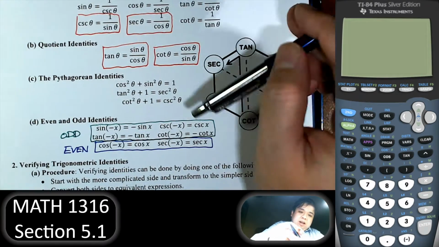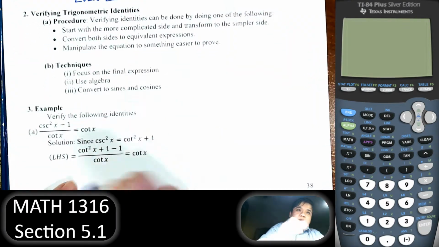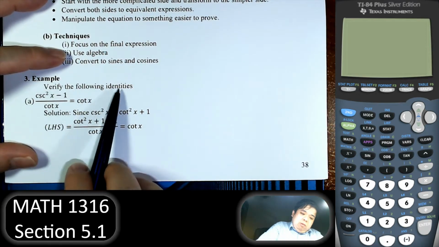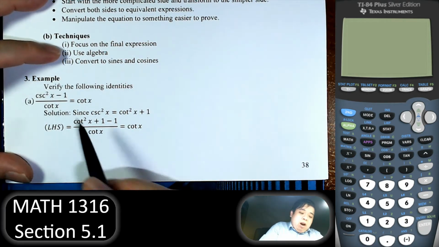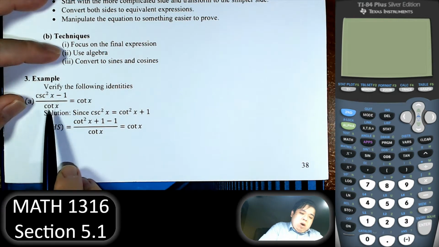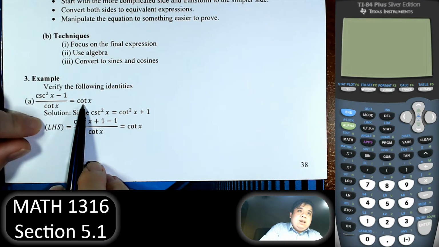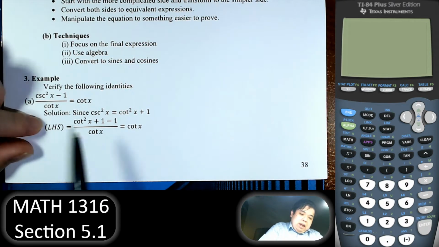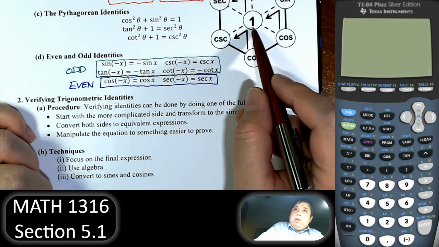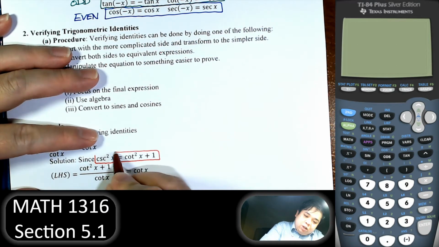Of course, we assume that we know all of these identities, because we're going to use them to prove some new identities. For example, let's verify the following: cosecant squared x minus 1 over cotangent x equals cotangent x. Since cotangent squared plus 1 is cosecant squared, we have cosecant squared equal to cotangent squared plus 1.